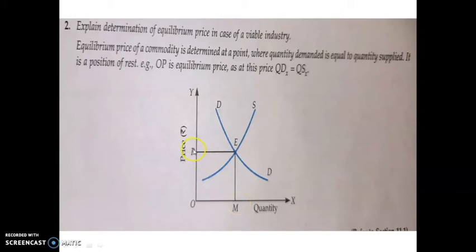Here P is the equilibrium price and M is the equilibrium quantity. So this is the determination of equilibrium price in perfect competition. It's a very important question.